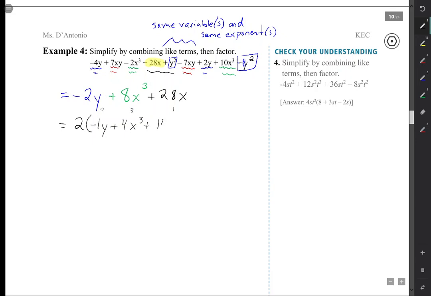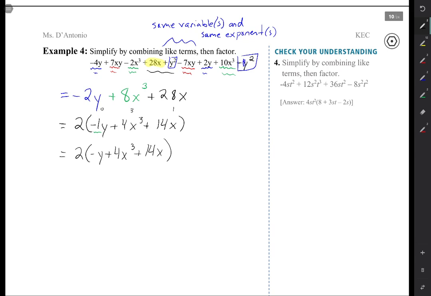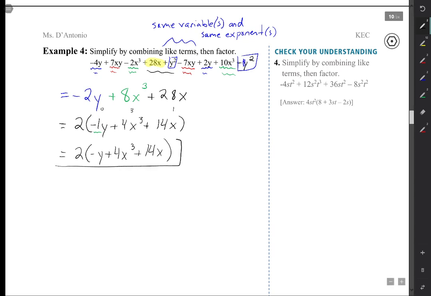That would be 2 times 14. And don't forget about that x in there. Now I just want to point out that we don't even have to put this 1 here. We can just write this as 2 and then negative y plus 4x cubed plus 14x. And that 1 just stays invisible there. And we're done. That's how we simplify and factor this equation.